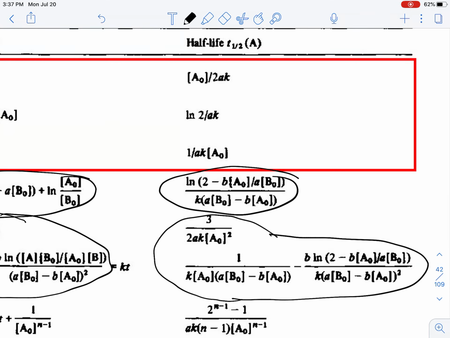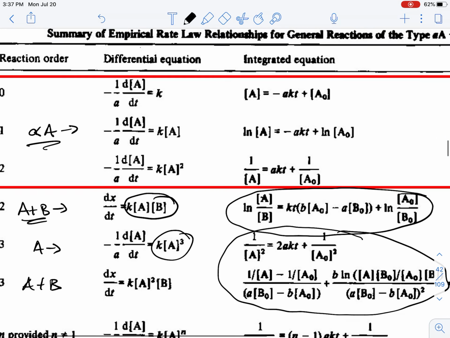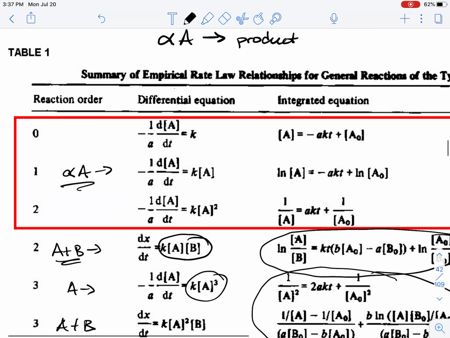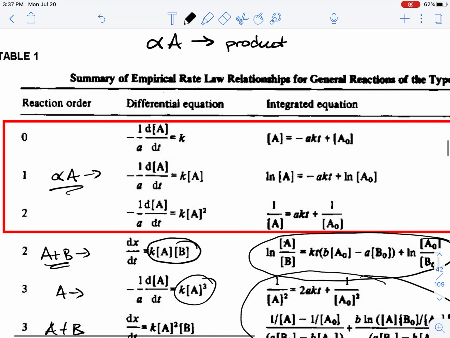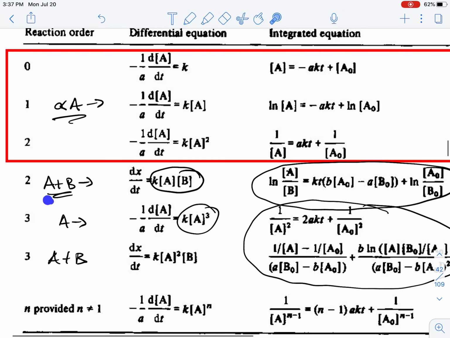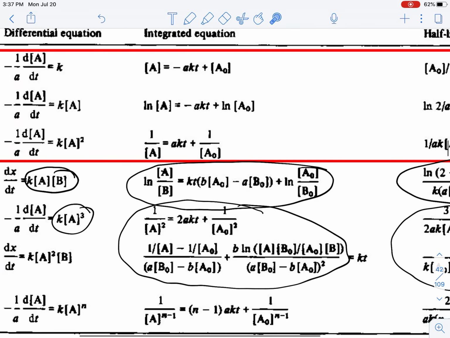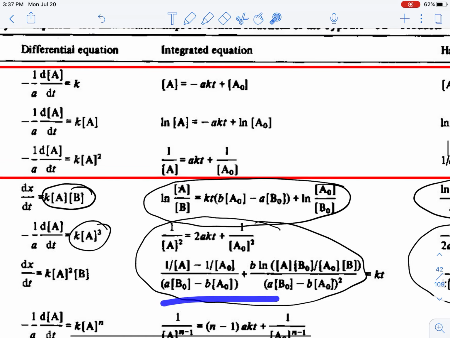They become much, much more complex, which is out of the scope for this course. And so it's important for us to understand that we're working in this semester with only very simple chemical equations, typically just one reactant. And if it becomes much more complex, then we get much more complex equations.